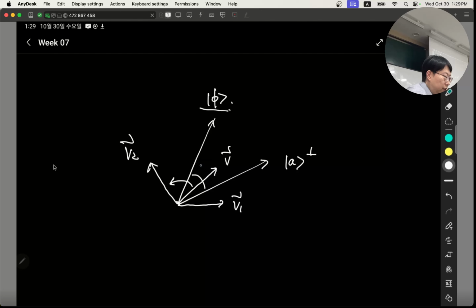So if you say this is your angle, then after reflecting across two vectors, you get a rotation of the original vector. It depends on which one you do first. If you do the A perp first, then you rotate in the counterclockwise direction by 2 times theta, twice the angle between these two vectors. Okay, so that's a basic principle.